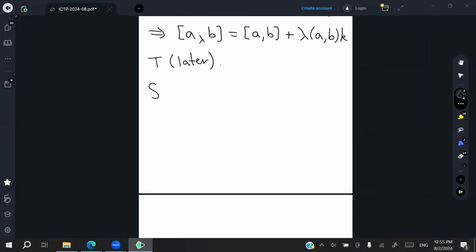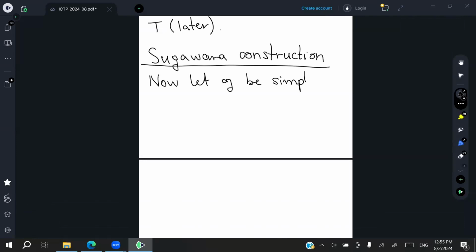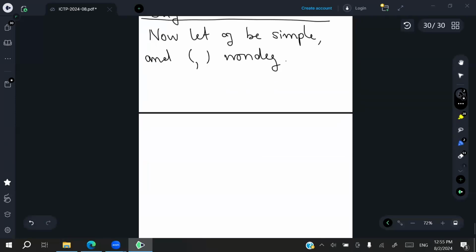So there's something we can do called the Sugawara construction. And this we do as follows. So it's again going to be a construction of a Virasoro field, this time acting in our affine vertex algebra, V^k(G). So actually now let G be simple, and this form non-degenerate, so it's a multiple of the Killing form.